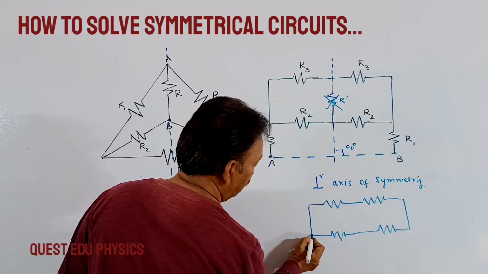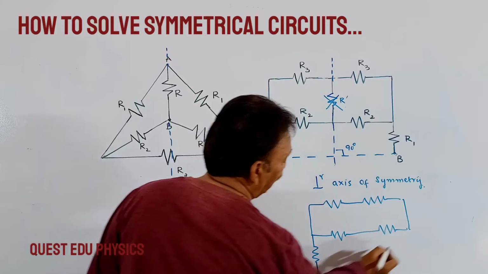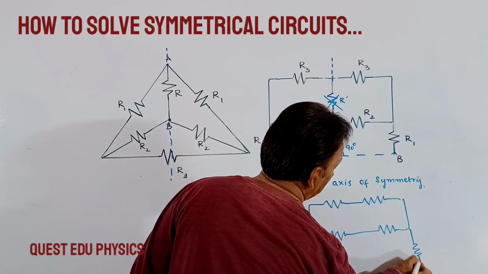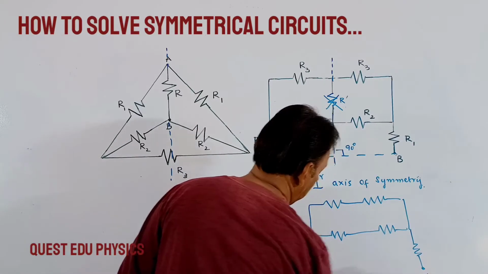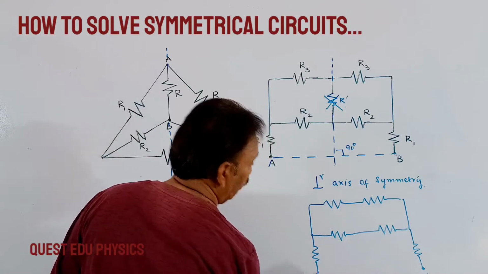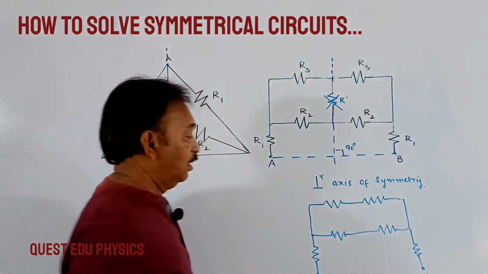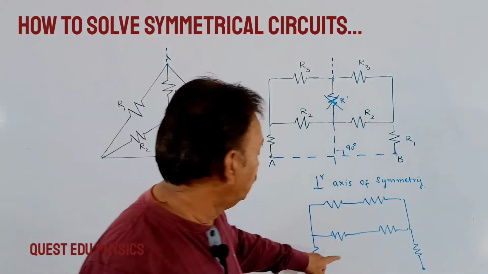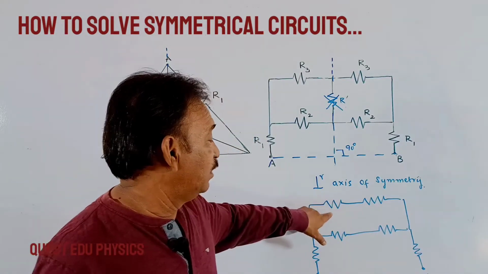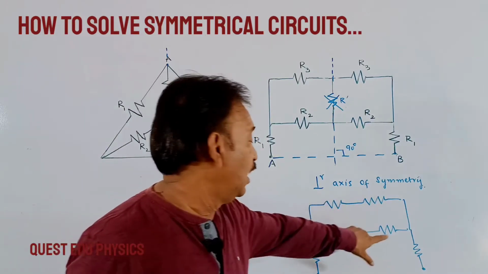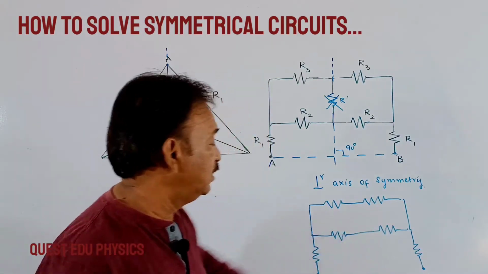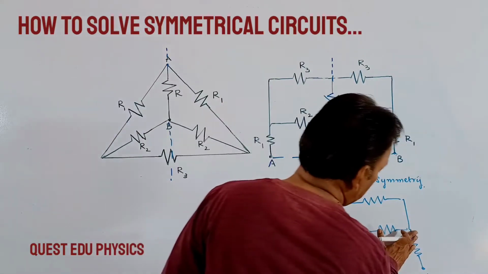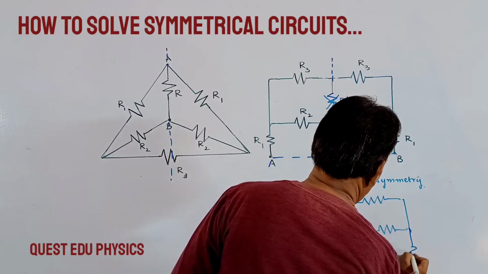Okay, students, finally we got the circuit like this. Let's say all the resistors have the same resistance. Here we will get these two in series, and again these two in series, and the effective resistance between them can be found.